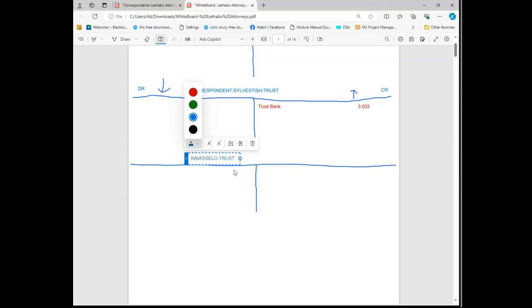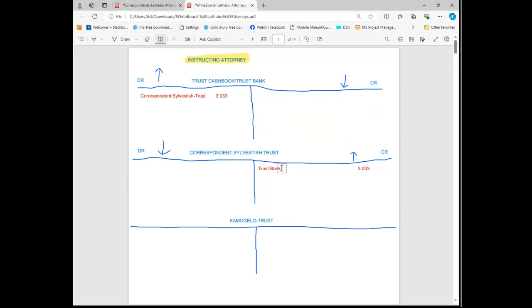But not now. We're going to account to Kamohelo thereafter. For now, you need to make sure that you have business between the two. I hope it makes sense. This will be part 2 of this, and I'm going to go to part 3. So this will be divided into different parts, but at the end of the day, they follow the same procedure and the same question.